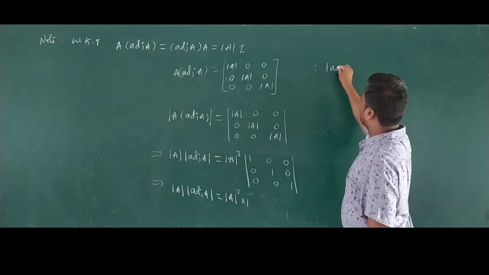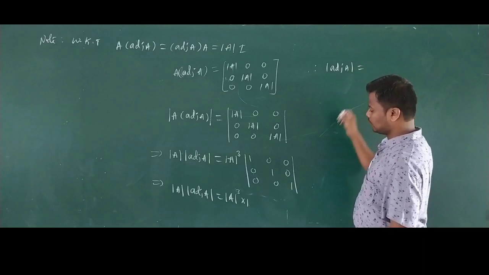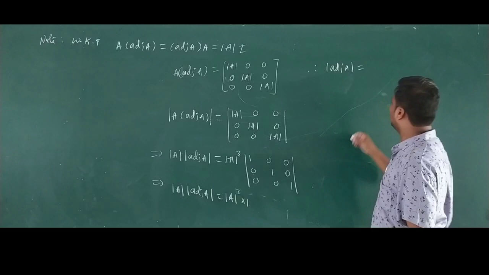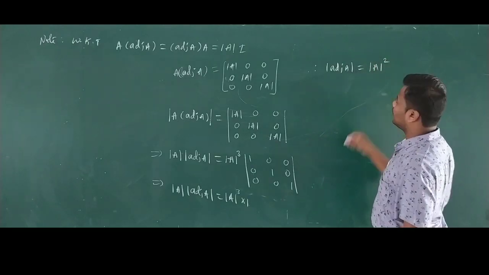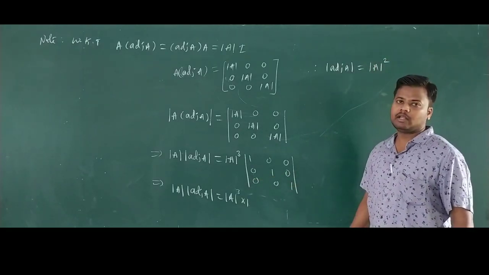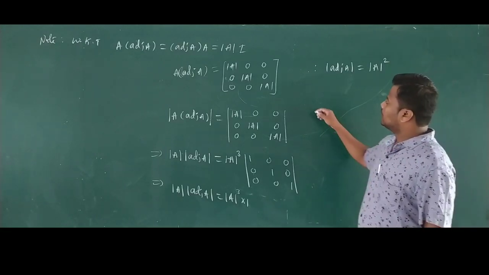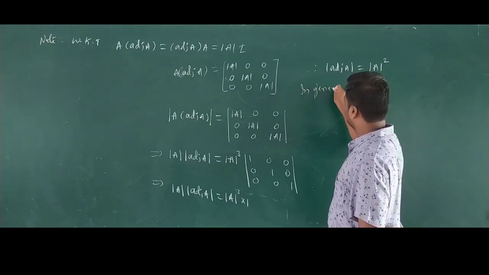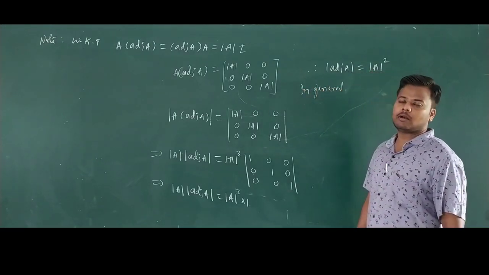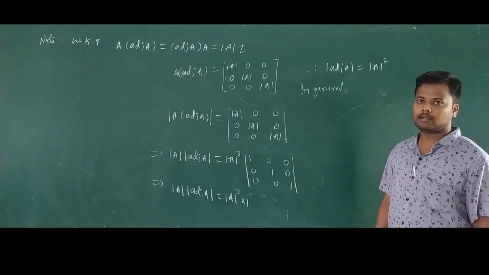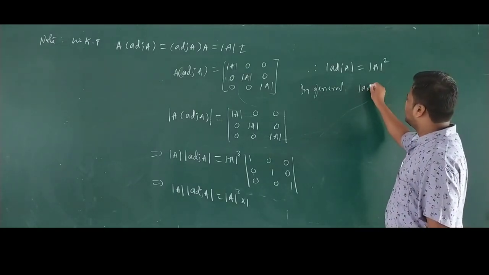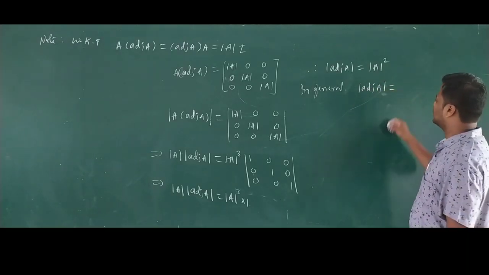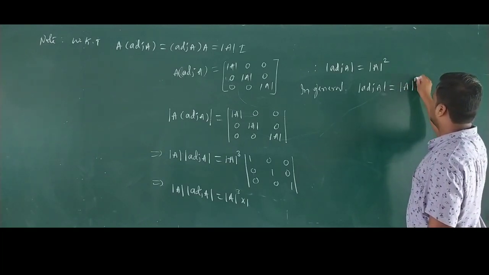Therefore determinant of adjoint of A equals, one determinant of A cancels, determinant of A squared. So in general, if A is a matrix of order n, then the determinant of adjoint of A is equal to determinant of A to the power n minus 1.